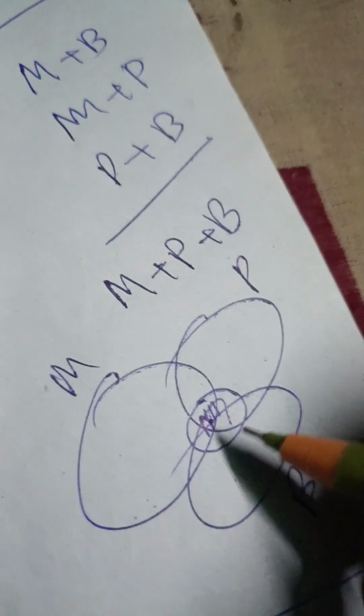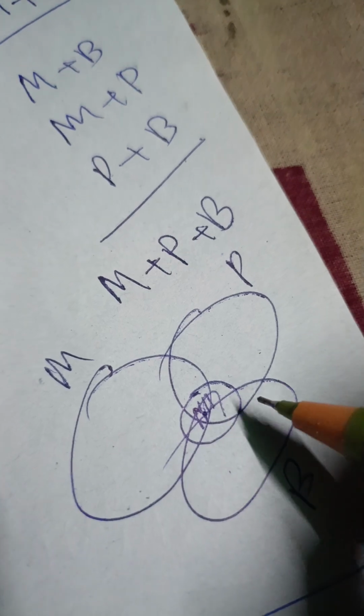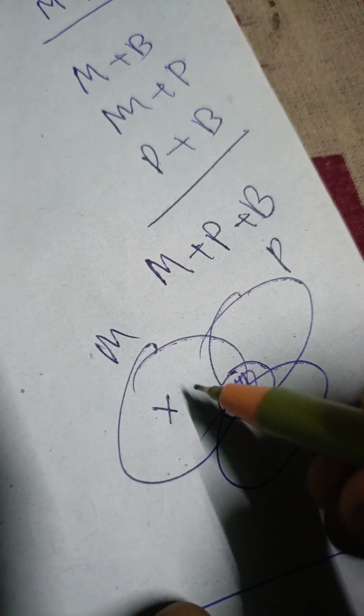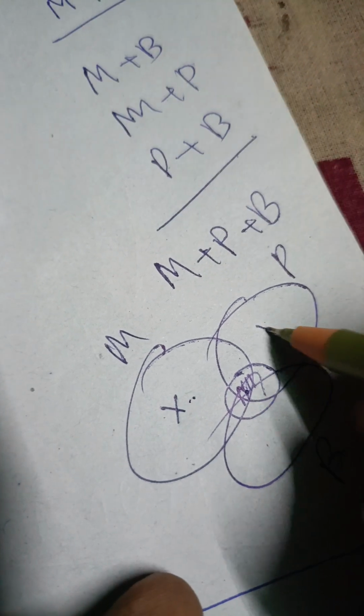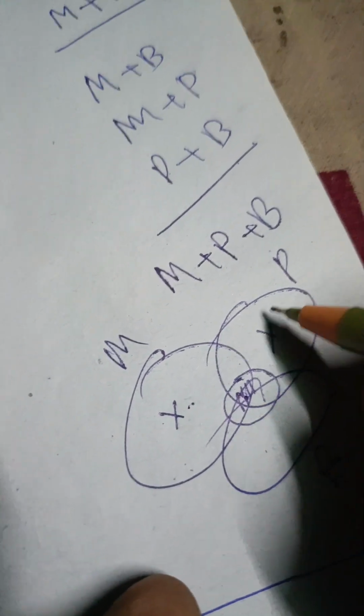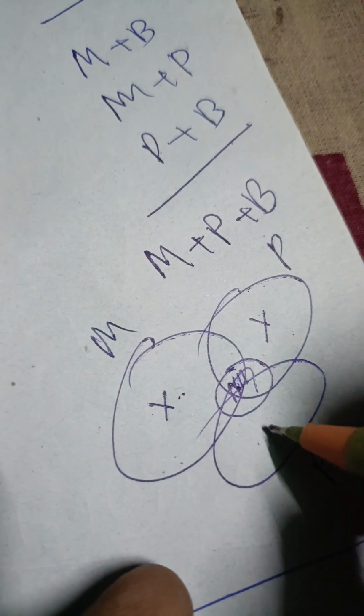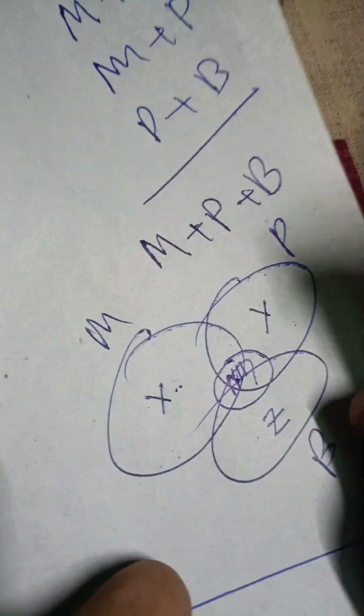Let's understand with the Venn diagram what I am saying. There are some pure maths students, some students who are only studying physics, not taking maths, and some students who are taking only biology.